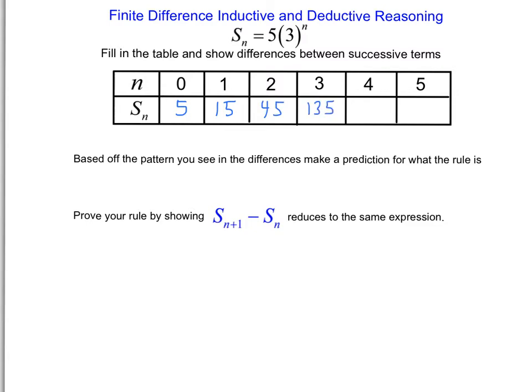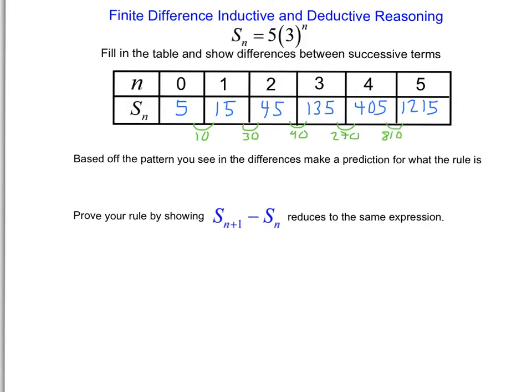This one's a little bit bigger, 270 plus 135, 405, and then 4 times 3 is 1215. Then we'll look at the finite differences. So when I subtract these, I'm going up by 10, I'm going up by 30, going up by 90, I'm going up by, what is this one, 270, and then 810.